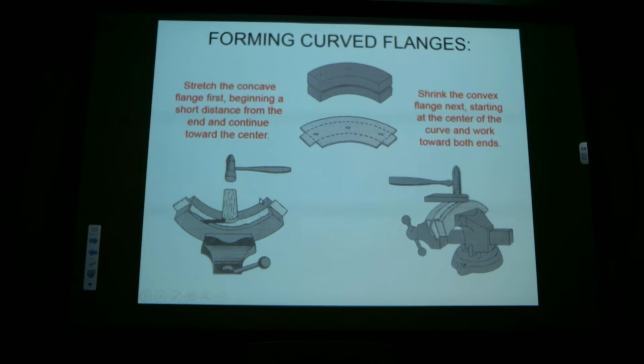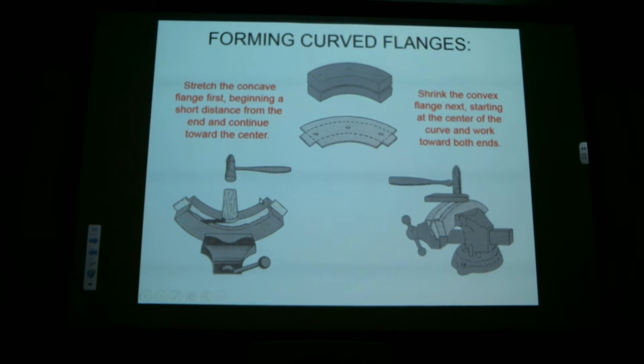Here's a curved bracket or a curved part. We've got two flanges. One is going to be a concave flange, the other one's going to be convex. The concave flange is going to be stretched. When you bend it over, it assumes a new position that flattens the metal out and thins it, so technically it's stretching the material.